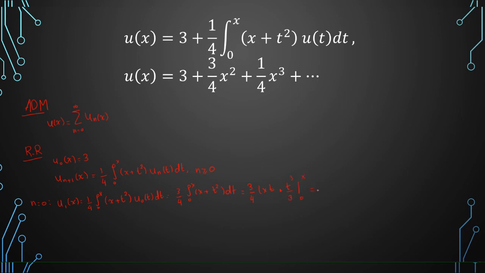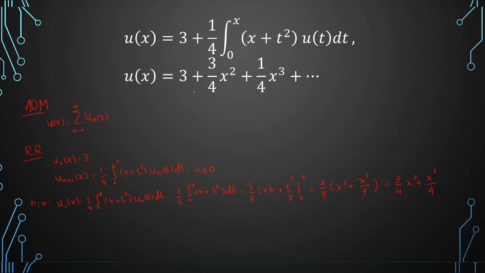Okay, 3 over 4 x cubed over 3, because we substitute with respect to t, so we get x raised to 3 over 4.